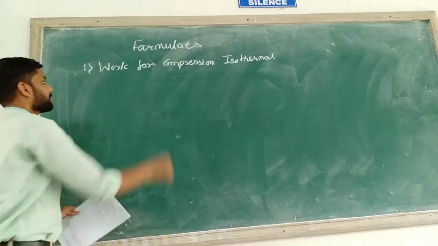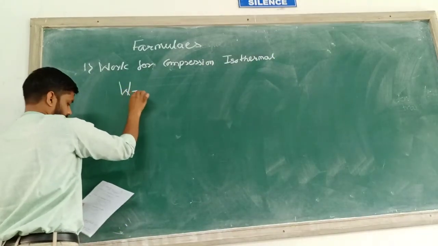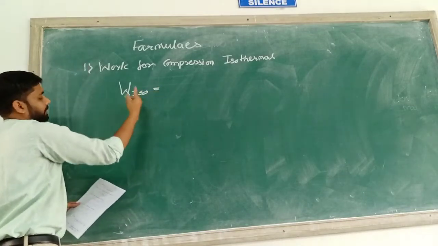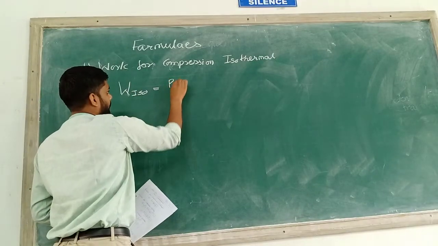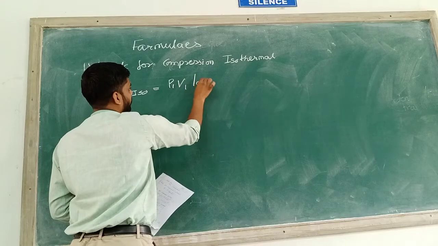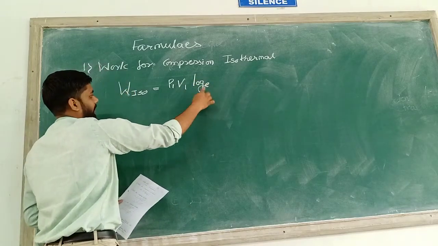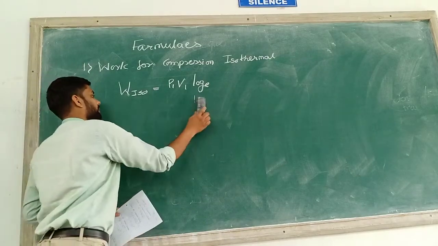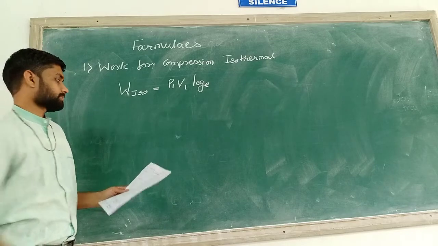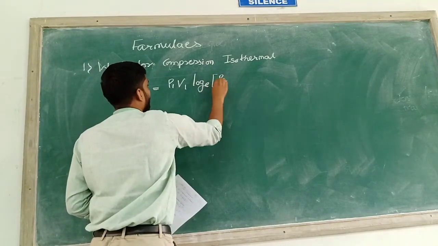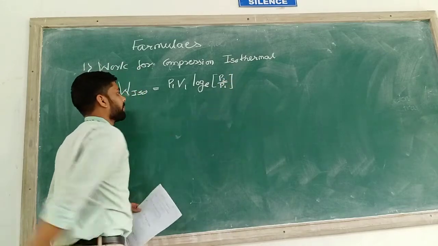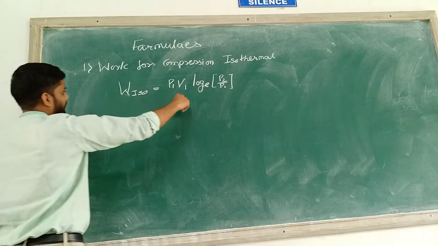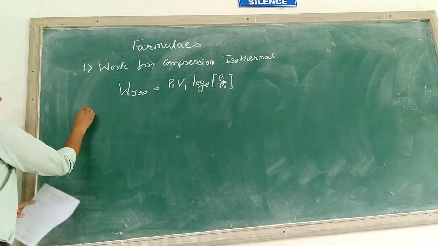Work done for the isothermal compression, we can represent it by capital W iso, and the formula for this is P1 V1 log base e, sometimes we write it as ln, which also represents log base e, of bracket P2 by P1. So work for isothermal compression has the formula P1 V1 log base e P2 by P1.